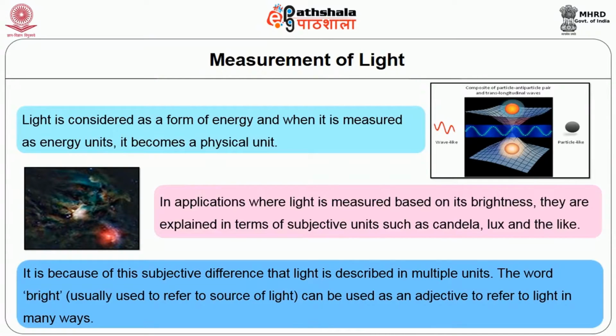The word bright, usually used to refer to a source of light, can be used as an adjective to refer to light in many ways. Why is this so very important? Ultimately, what is it? Let us learn more on brightness.